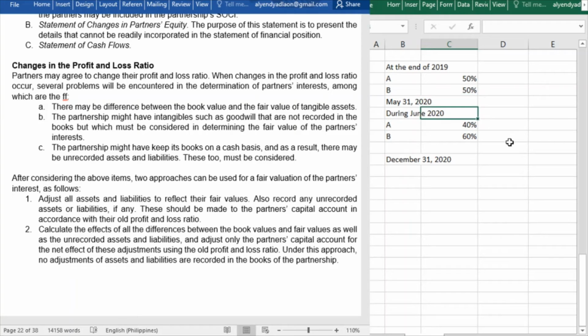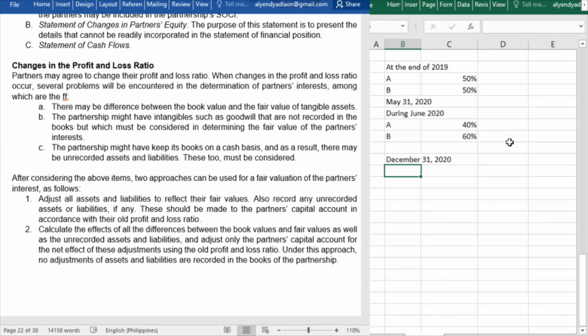On December 31, 2020, what we consider is not from January 1, but from June 2020, and we now use the new profit and loss ratio, which is 40% and 60%. So that is how we are going to compute.